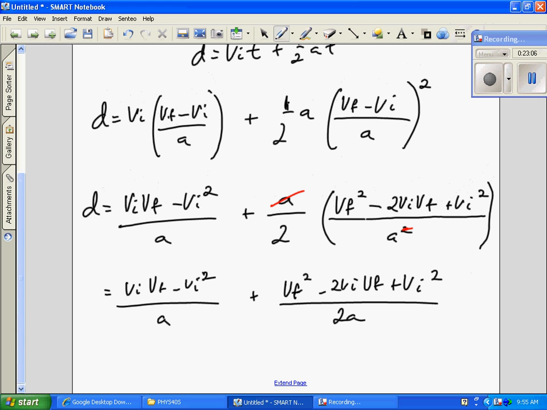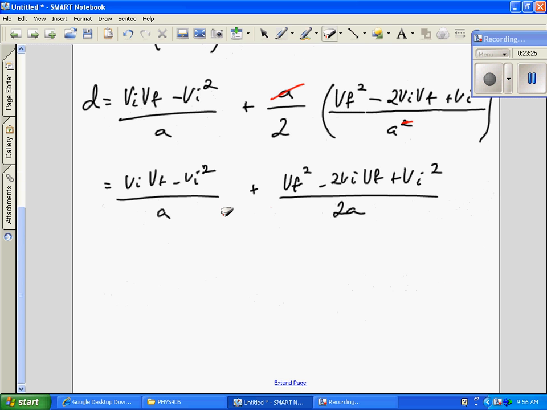So I've got something over a plus something over 2a. How do you add fractions? You have to go to a common denominator, don't you? This would be like adding something over 3 and something over 2 times 3, like 6, right? So you'd have to put it all over 6. So what I really need to do is put it all over 2a. How am I going to put this over 2a? Multiply top and bottom by 2.